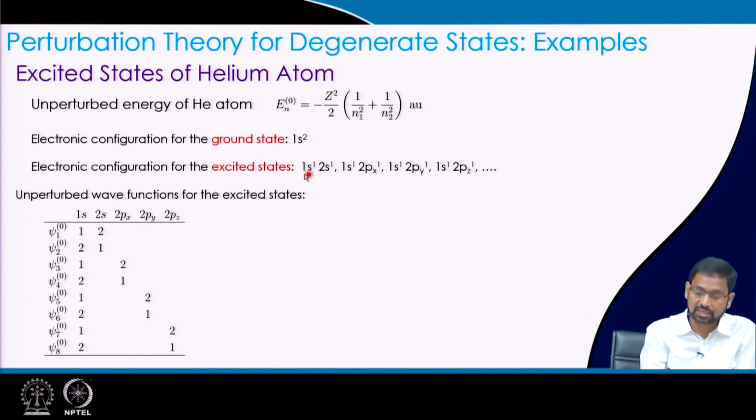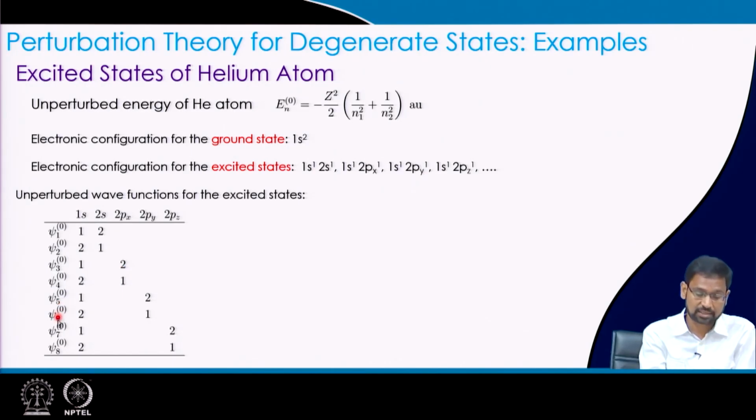This configuration 1s1 2s1 in fact gives me two different starting states, just taking care of the electron exchange. Now psi 3 and psi 4 are the next pair, where one electron is in 1s and the other electron is in 2px, and that is psi 3, and psi 4 is when I am interchanging the electrons to ensure indistinguishability of the wave function.